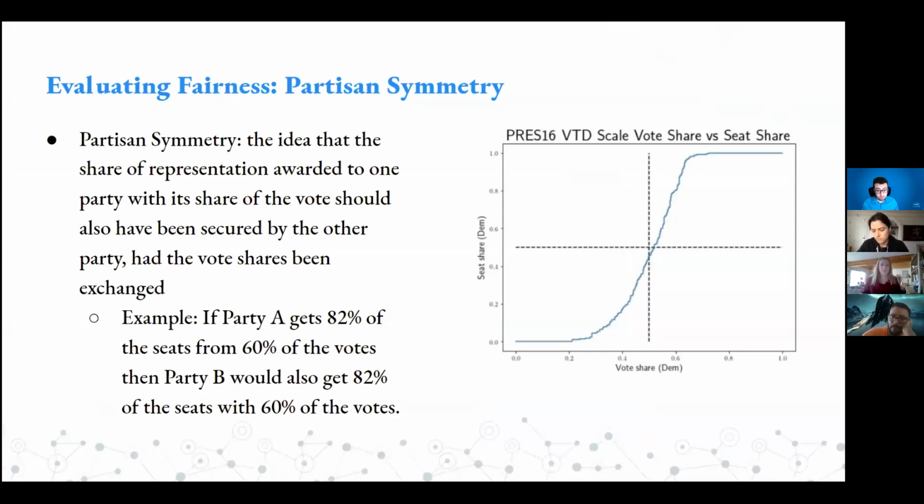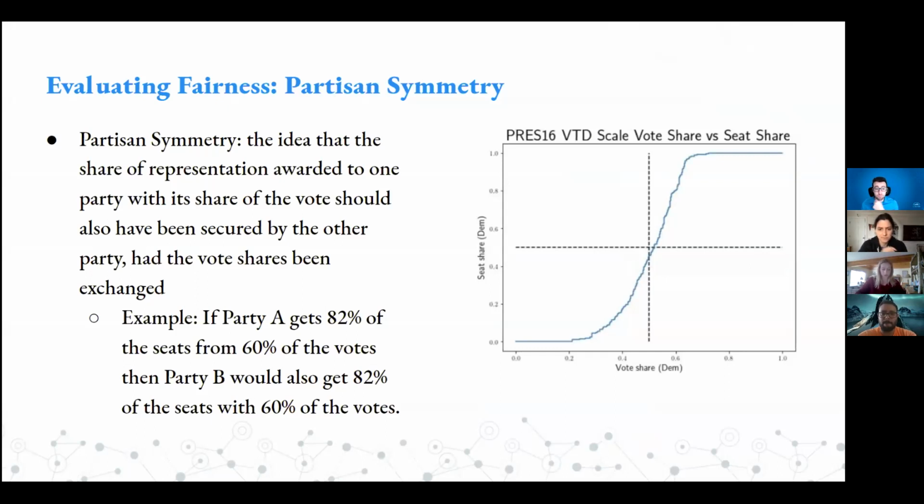So then we've shown that there's different ways they're fair, unfair in representing people, but we have to have some sort of way to measure whether it's fair or not. So the first one is partisan symmetry, which is one way we can examine gerrymandering. So this is the principle that a particular vote share received by a party should translate into a specific number of seats, regardless of which party received that share of the vote.